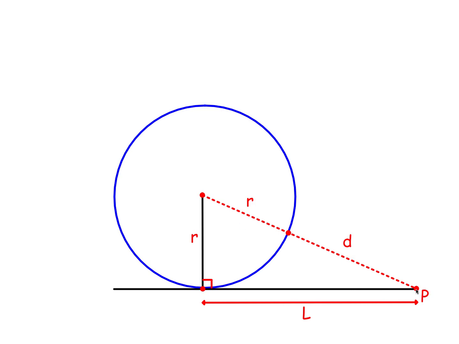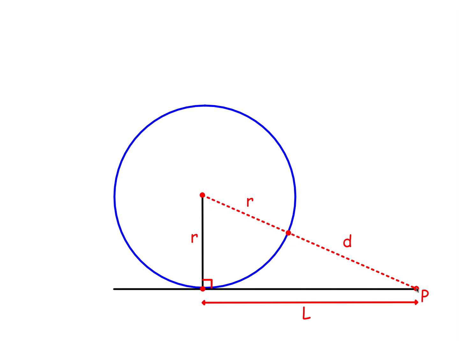From this point to the centre consists of 2 parts. It's got a distance from the point to where it just meets the circle, call that distance D, and it's got a radius.